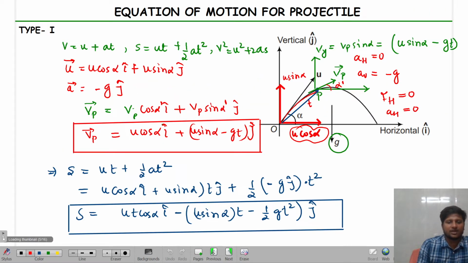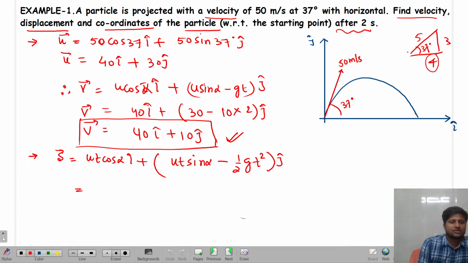You have this equation, right? Worded or not? I think there is a plus sign over here. Okay. So now look over here. So this is going to be how much? u cos alpha, you know, that is 40. Time is how much? 2 i cap plus u sin alpha, you know, that is 30. Time is 2 minus half of 10 into 2 square.